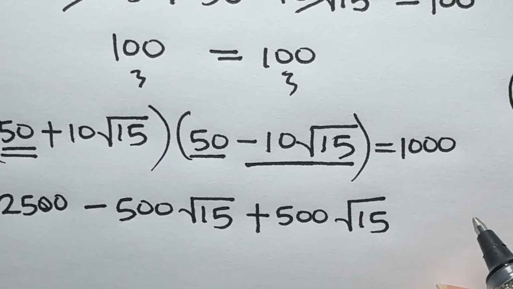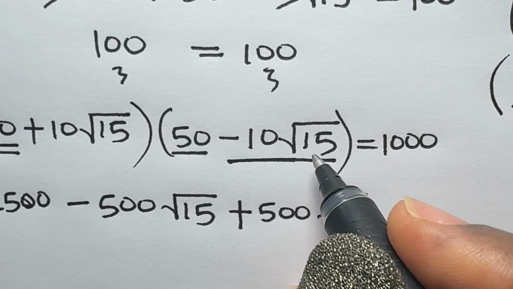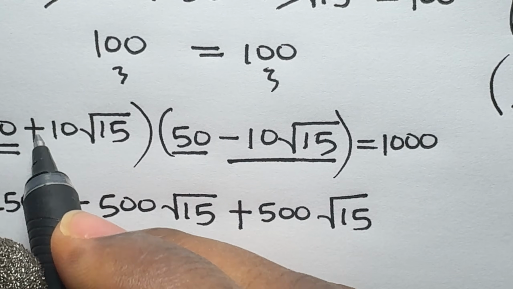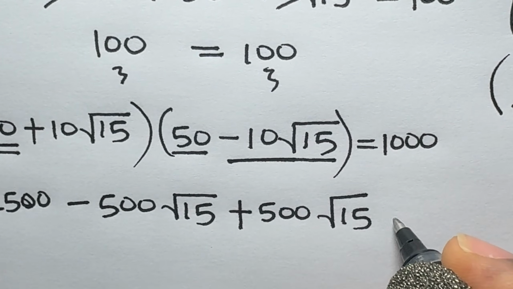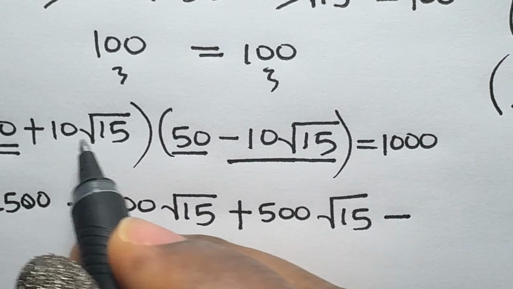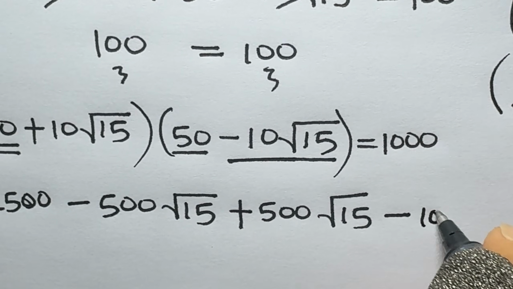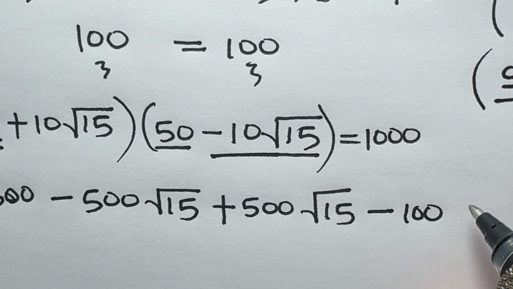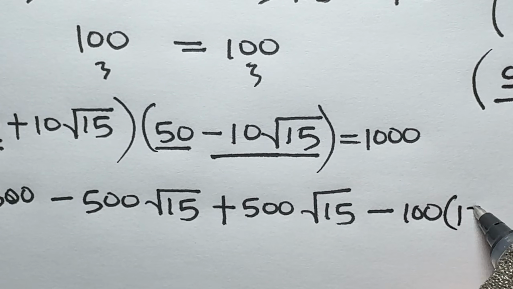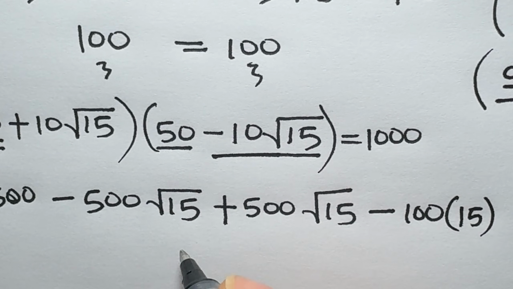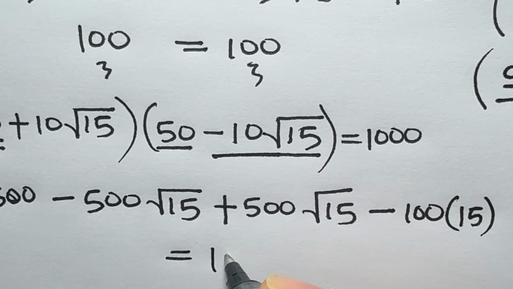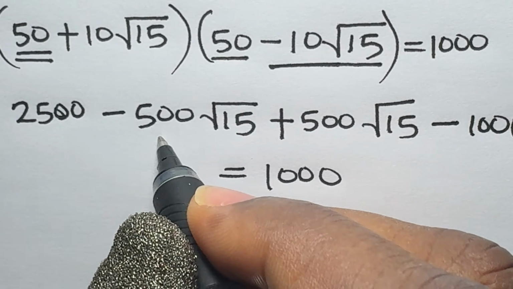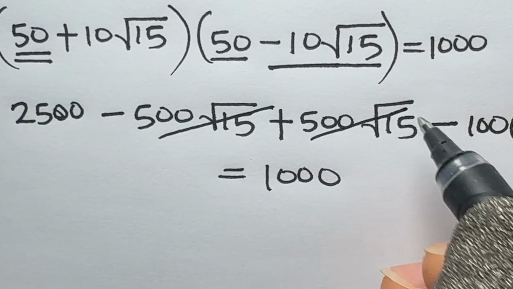And then 10 root 15 times 10 root 15. This is plus times minus is minus. 10 times 10 is 100. And then root 15 times root 15 is simply 15. And this should give us 1000. This right here, we cancel this right here.